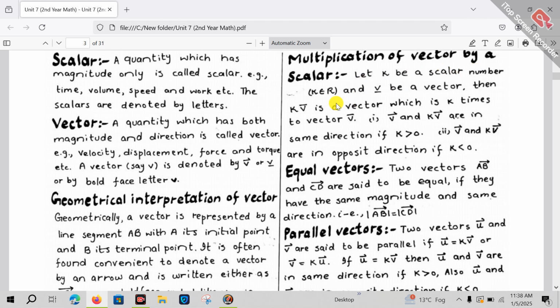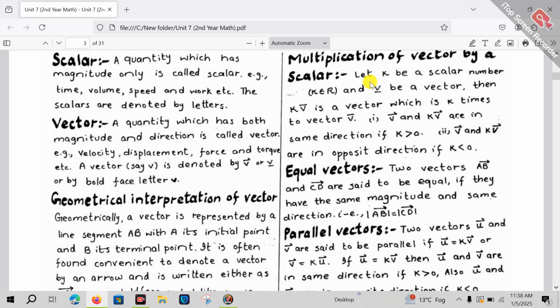Let k be a scalar number, and k belongs to the real numbers, so it is not an imaginary number containing iota. It is a simple number. It can be in fraction form, in decimal form, a rational number, an integer, a whole number, or a natural number. It can be any number. So this is a real number. All the numbers except iota are called real numbers.